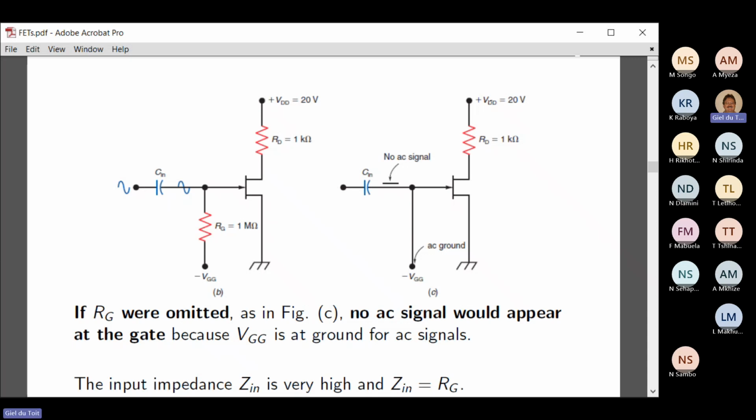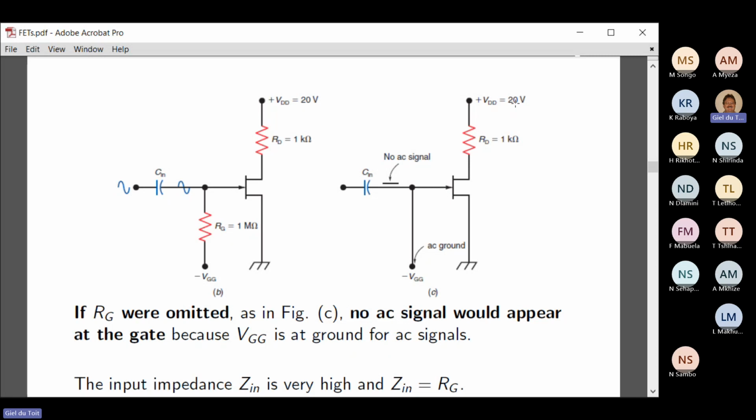So ID times RD gives me this volt drop. This voltage, VDD, is 20 volt, your power supply voltage, minus that voltage will give you the voltage over the drain source. It's just like a BJT transistor. According to Kirchhoff voltage law, this voltage plus this voltage equals the supply voltage.